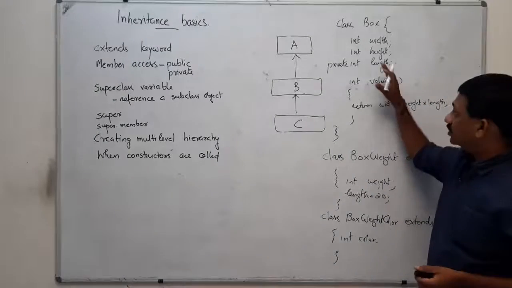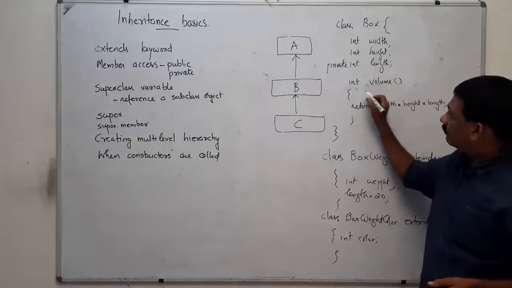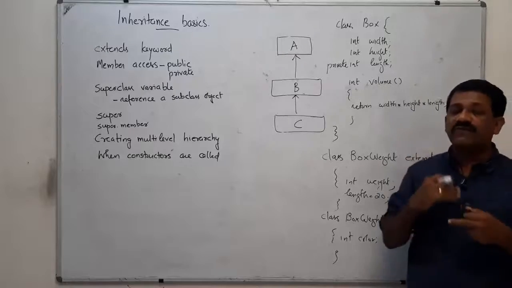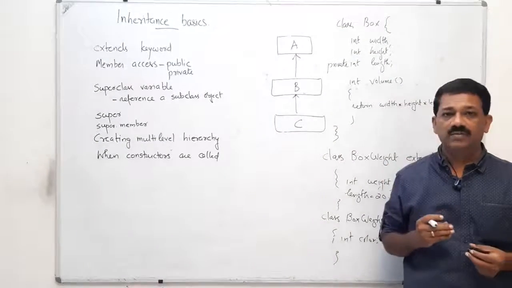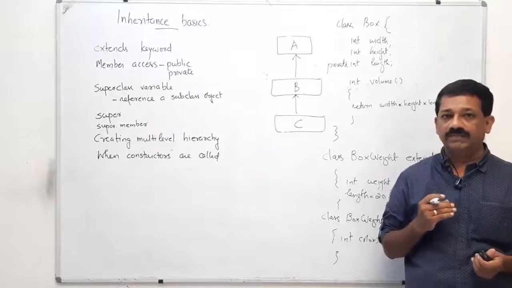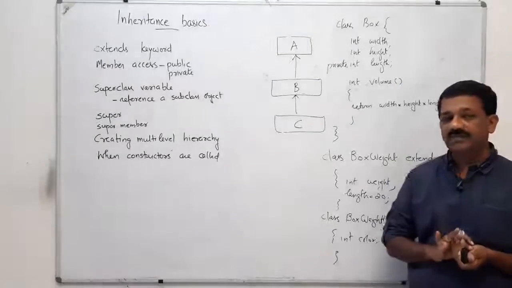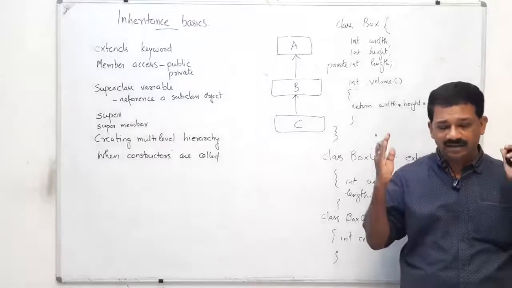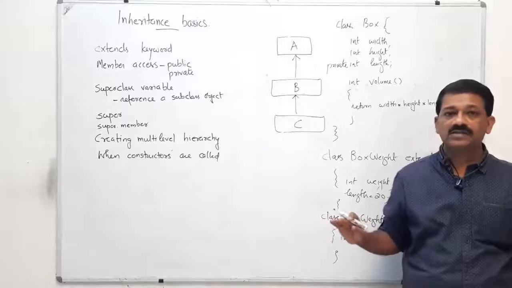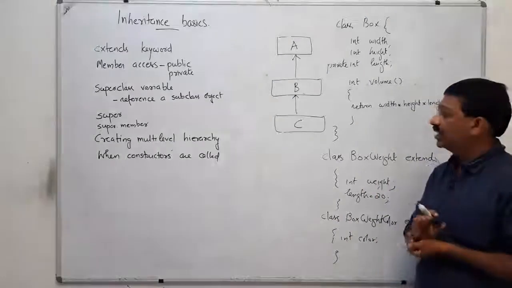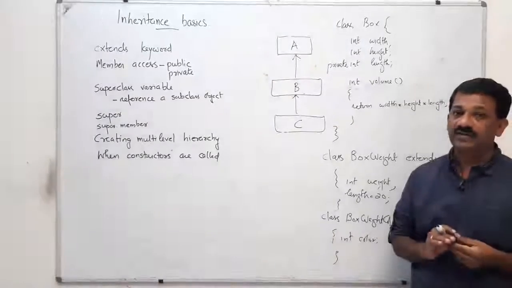If you want to use that, you have to create a function, and using that function only you can access that variable. You cannot directly access that variable. Okay, so private variables are under the ownership of that class, and subclasses are not allowed to use those private variables.